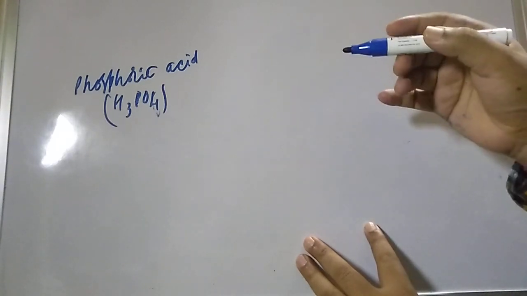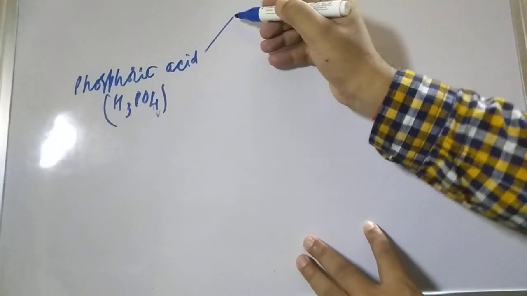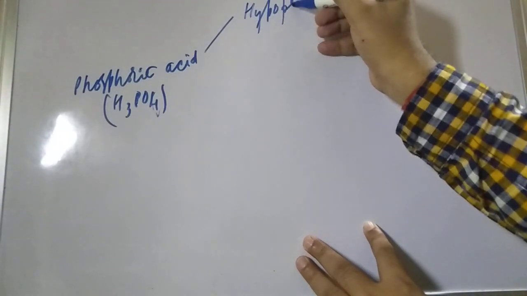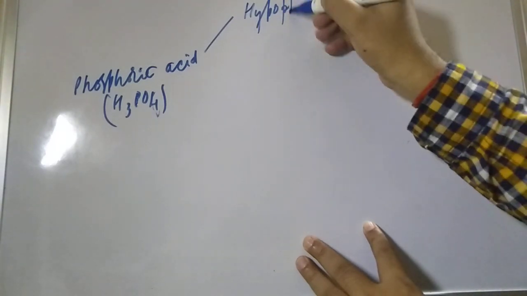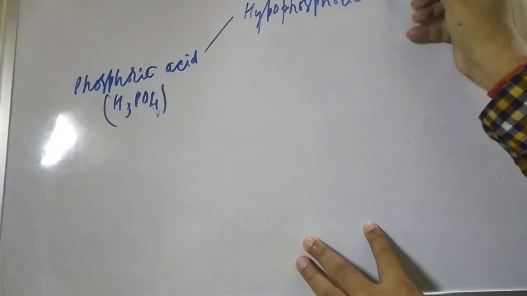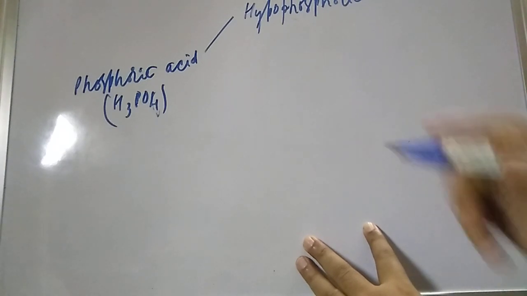The first one is hypophosphoric acid. This is also an important one. Here you have to keep in mind what the meaning of hypophosphoric acid is.